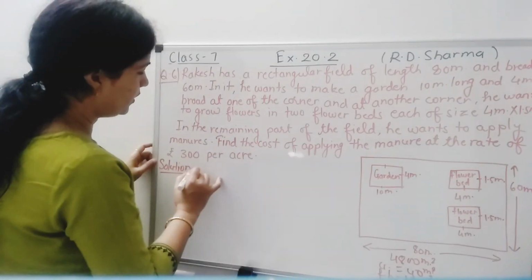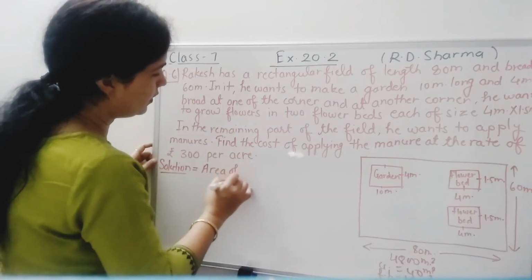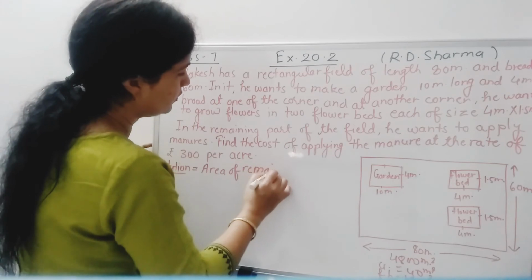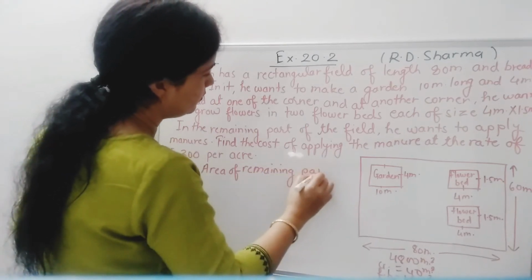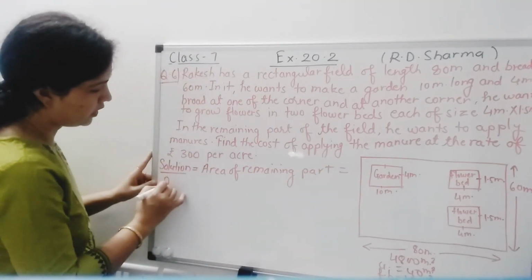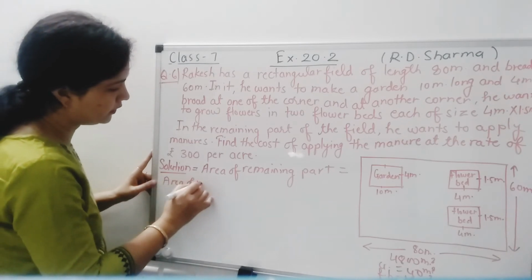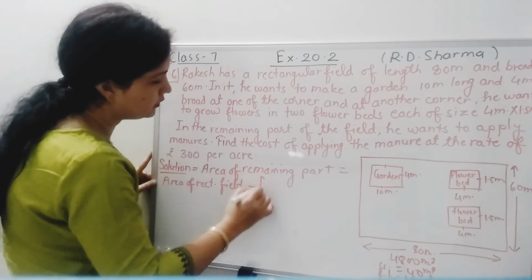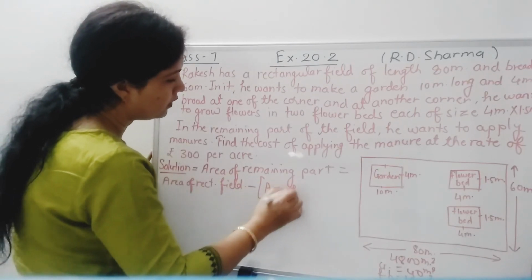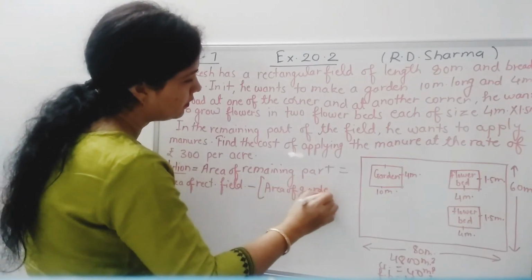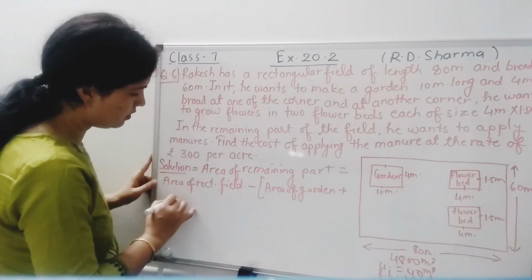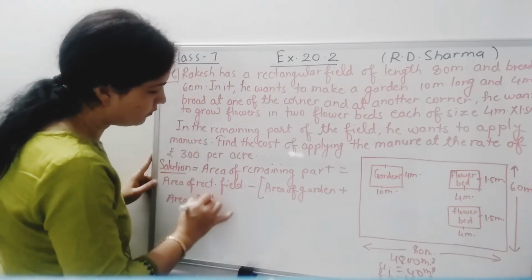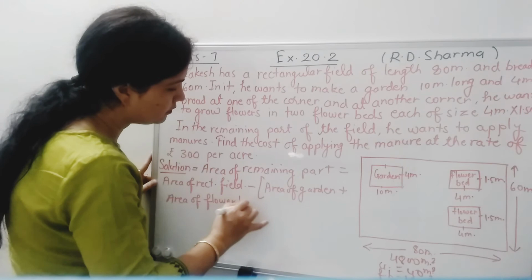Now the area of the remaining part equals the area of the rectangular field minus the area of the garden plus the area of the flower beds.